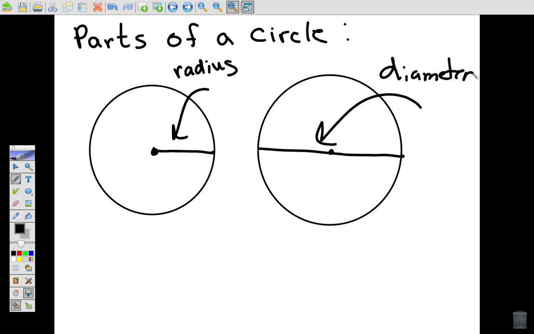If you look at this closely, you can see that a diameter consists of two radii. And radii is the plural name for radius. So we've got to be familiar with those two terms.